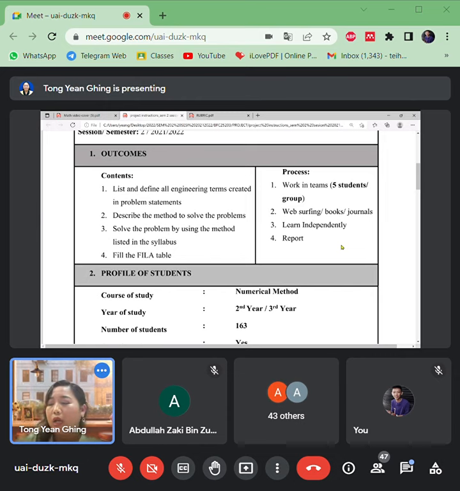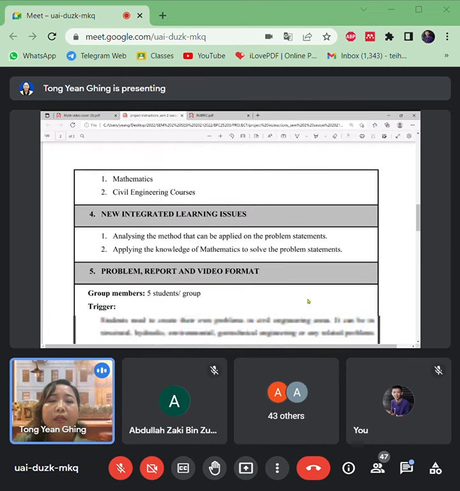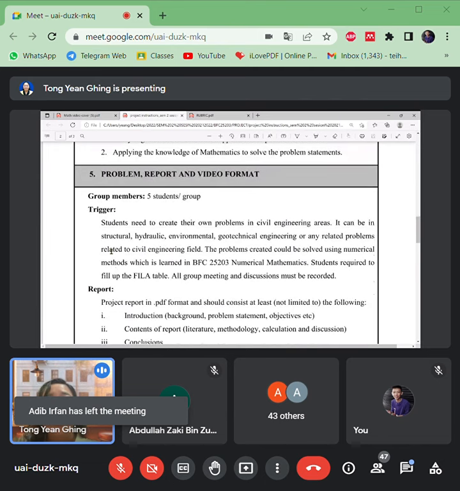And what you have to do is, okay, this is regarding mathematics and civil engineering courses. Analyzing the method that can be applied on the problem statements, applying the knowledge of mathematics to solve the problem statement. So students need to create their own problems in the civil engineering area. Tak kisah what problems.